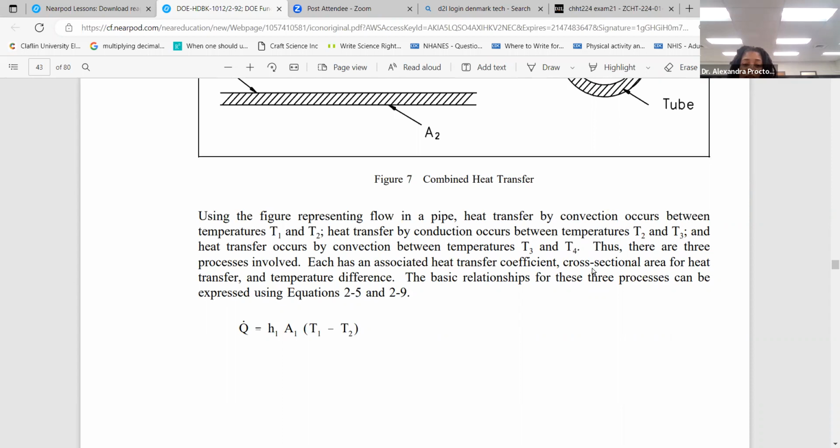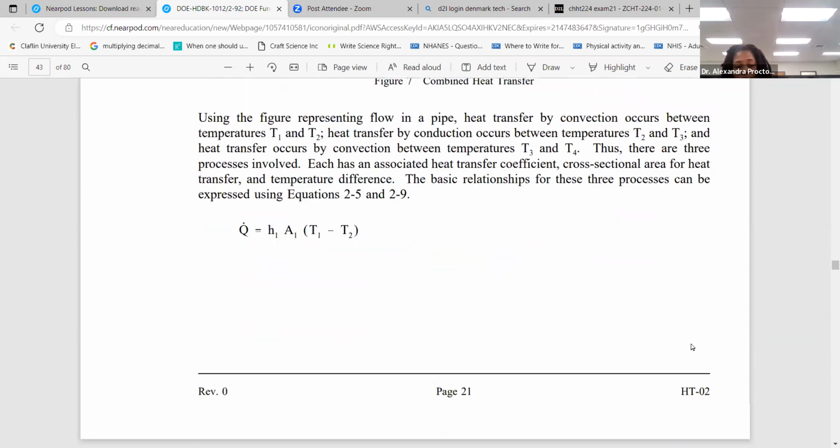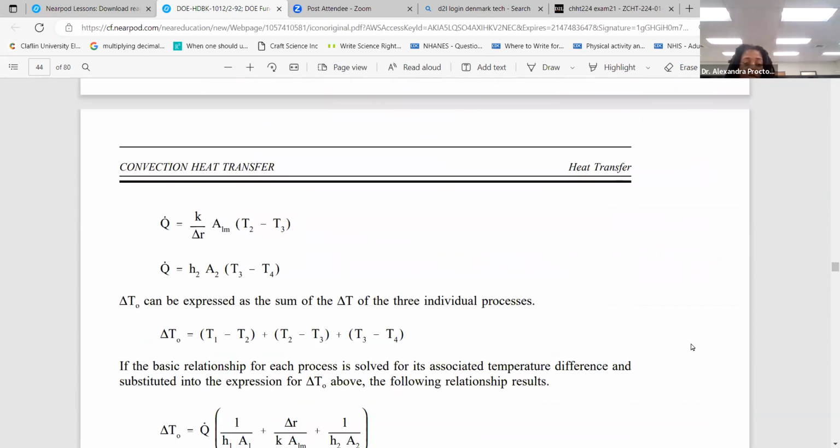Thus, there are three processes involved, and each has a coefficient, a cross-sectional area for heat transfer, and a temperature difference. And so the basic relationships of these three processes can be expressed using Q is equal to H1A1 times T1 minus T2. Q is equal to K over delta R, A sub LM times T2 minus T3.